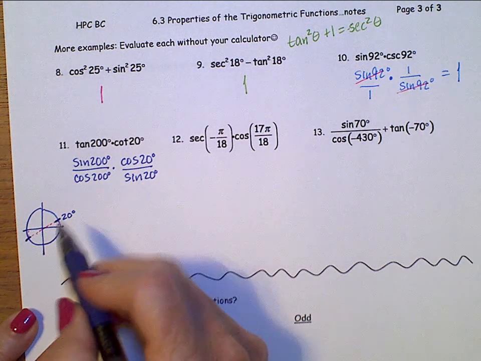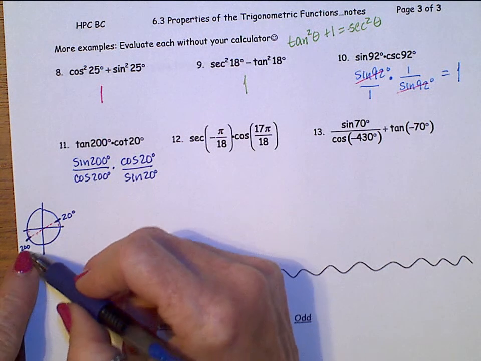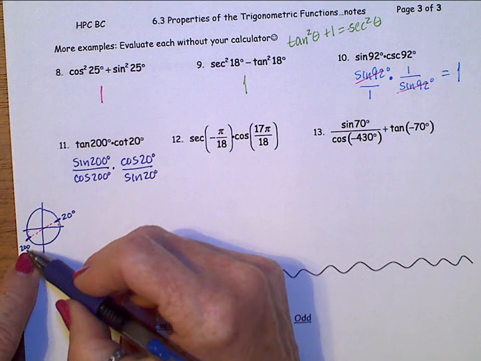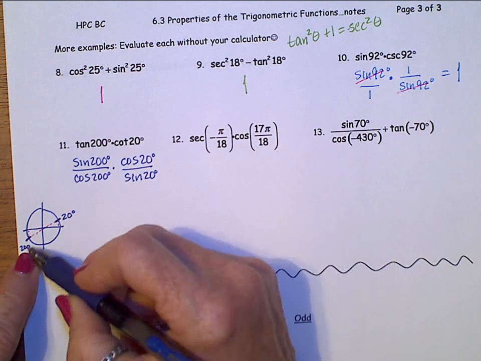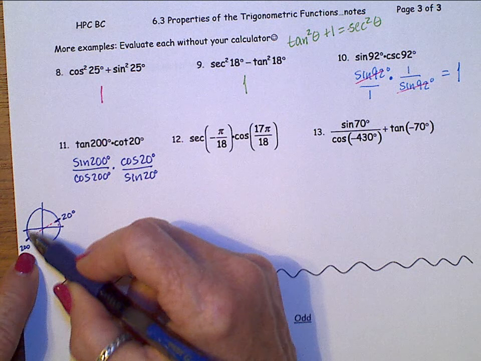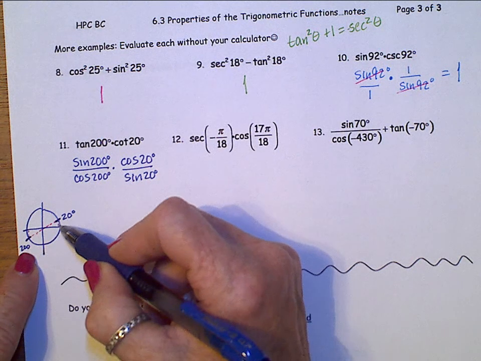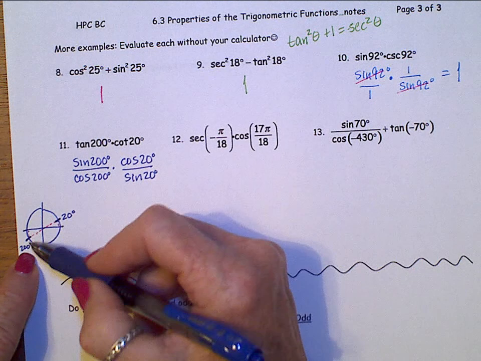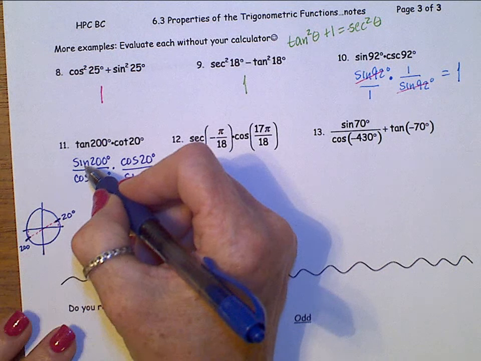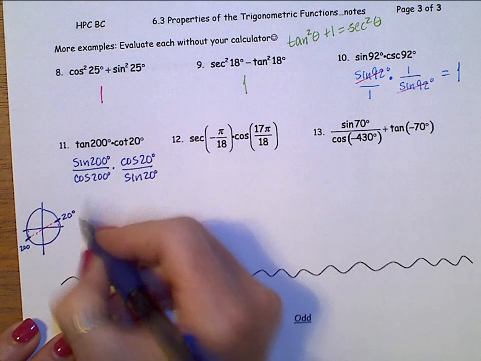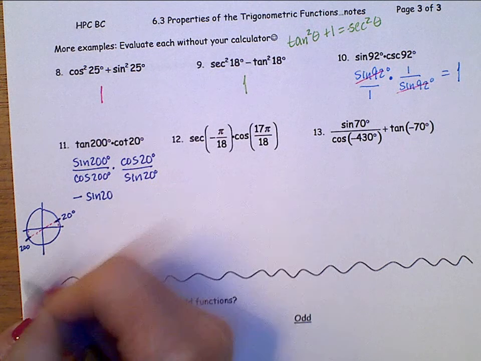So what I want you to do is look at the sine of 200 versus the sine of 20. Sine of 200 is negative. That's the same numerical value as the sine of 20. Just the sine of 20 is positive and the sine of 200 is negative. So we could say that this sine of 200 is the opposite of the sine of 20.